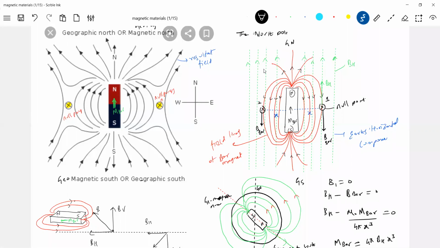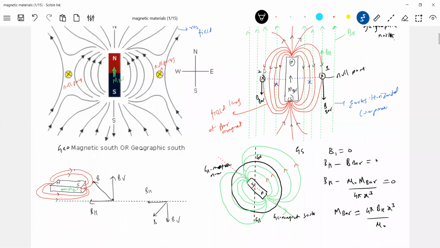The north pole of the bar magnet is aligned along the geographic north. These are the diagrams. It's a condition you have to assume. They may test you in these ways, so you have to be careful.